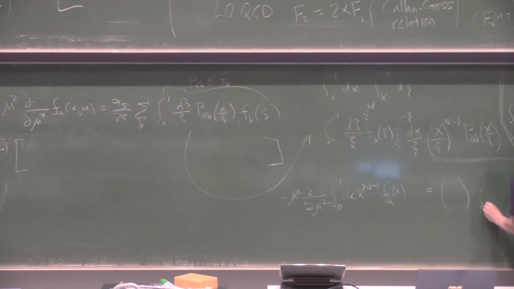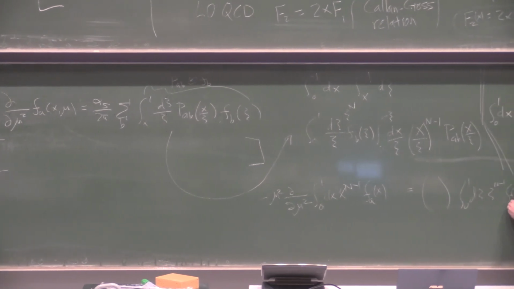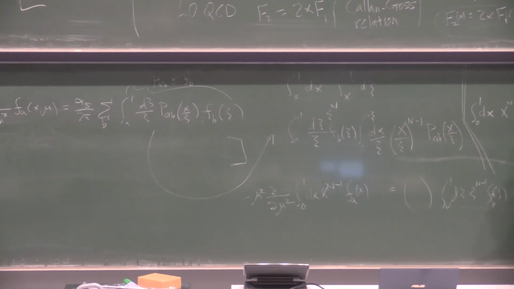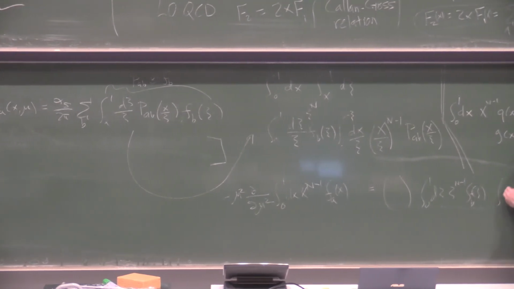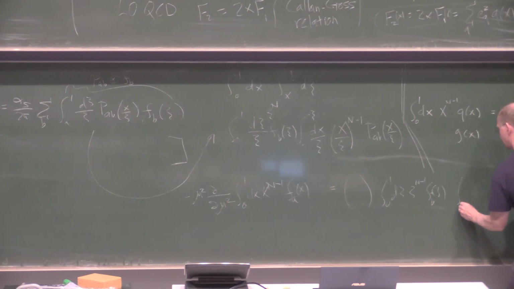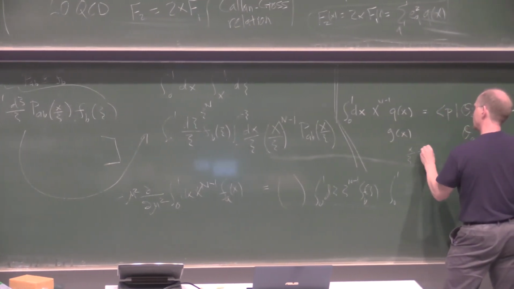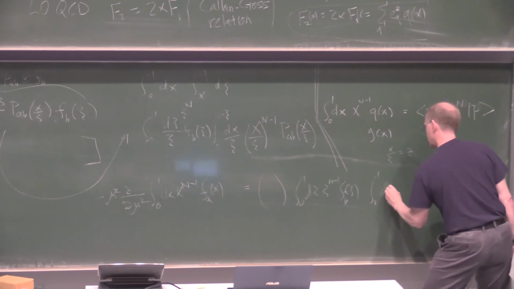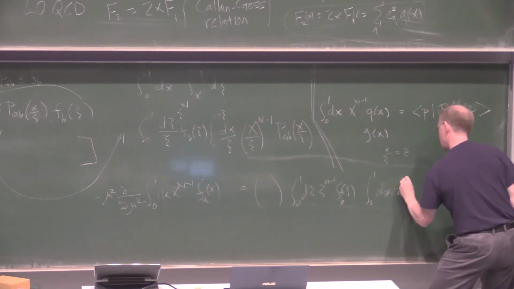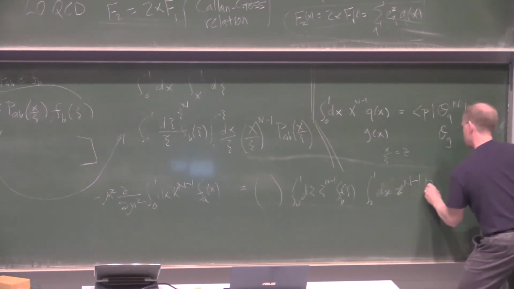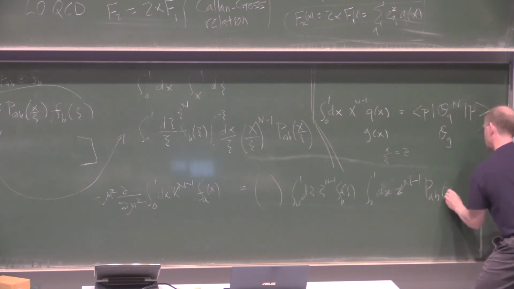And then we have the exact same thing again, except it's in terms of xi. But that's just a dummy variable. And then over here, if we just call this x over xi equal to z, we have the integral 0 to 1 dz of z to the n minus 1 times PAB of z.